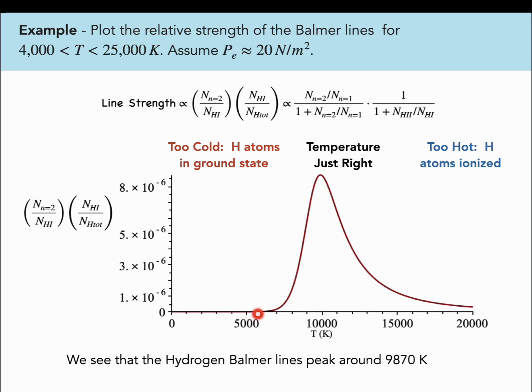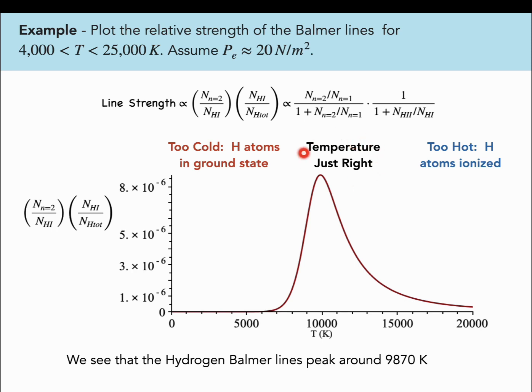Again, this curve peaks at around 10,000 degrees. If the stellar atmosphere is too cold, all the atoms are in the ground state and you're not going to get Balmer lines. If it's too hot, all the hydrogen gas is going to be ionized and you're not going to get Balmer lines.